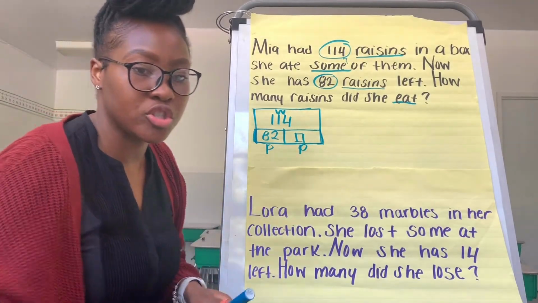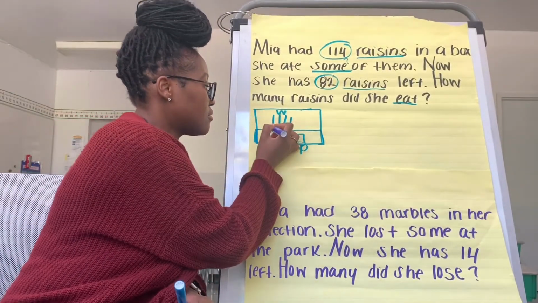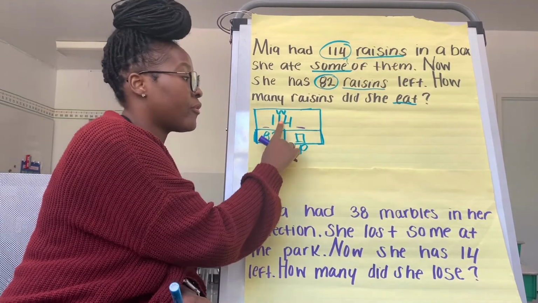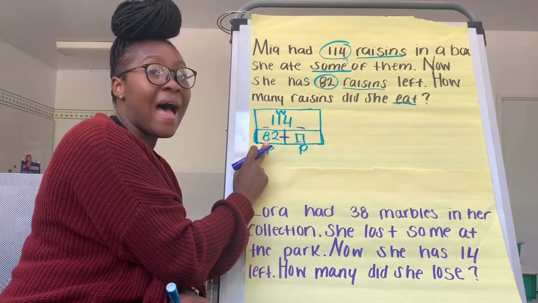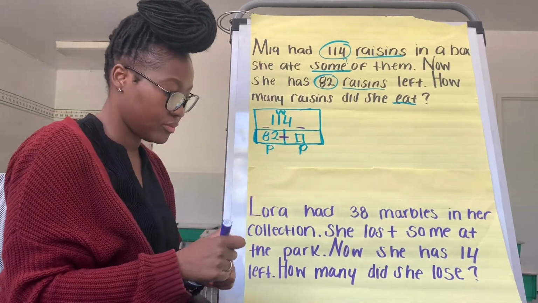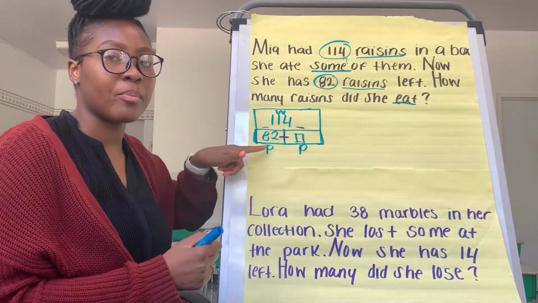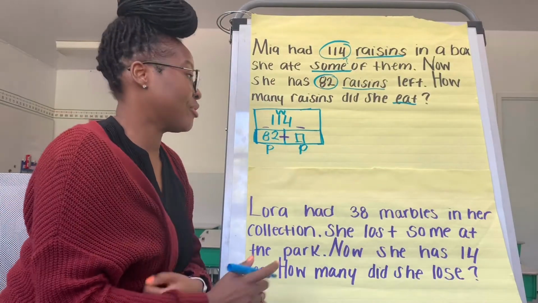So I'm gonna do this little trick right here. That's gonna help me to write my number sentence. Minus, because I can always minus my part from my whole, and plus, because I can always add my two parts to get my whole. Now, what will my number sentence look like to match my part-part-whole box? You are absolutely correct.